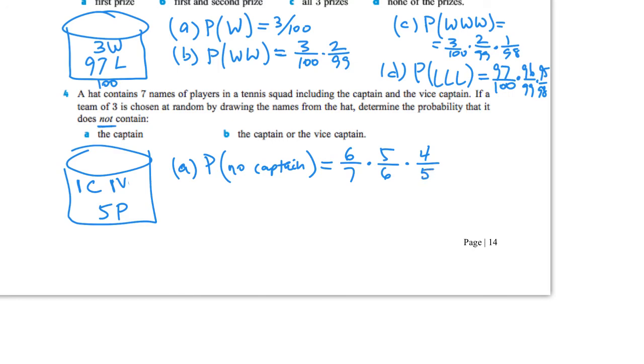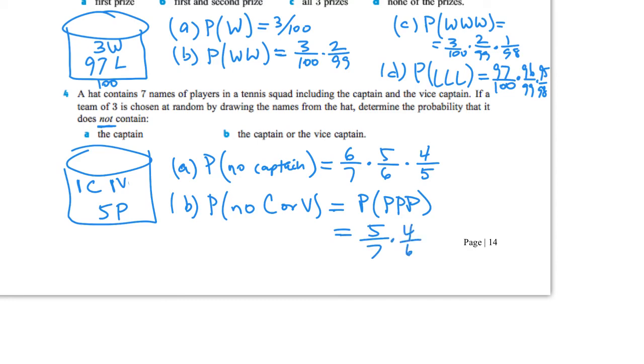Right? Because it says not captain. No C or V, so that means we got player, player, player. So for player, player, player, 5 in 7 times 4 in 6 times 3 out of 5. All right, that ends section 9D.